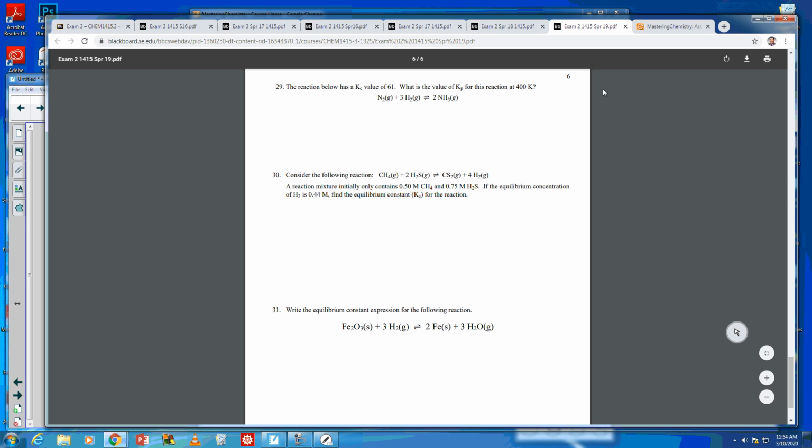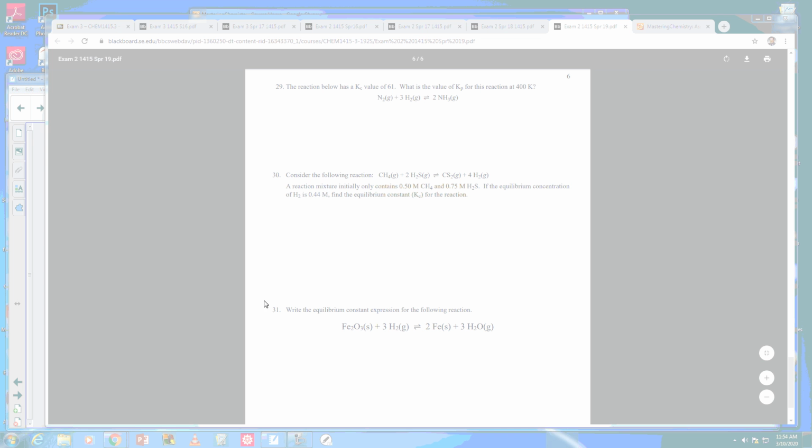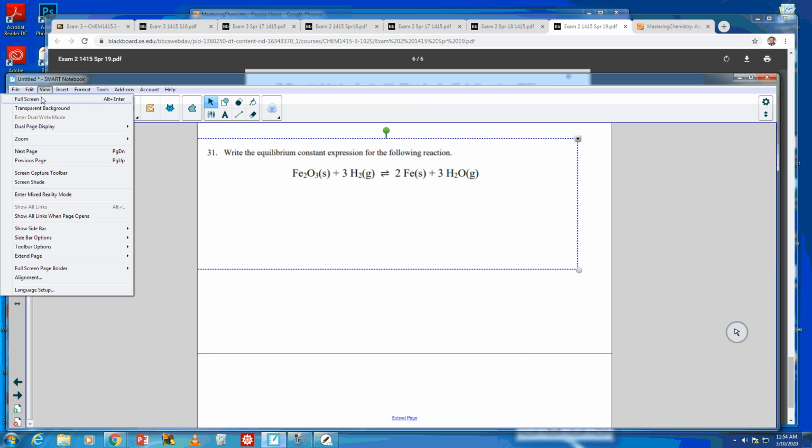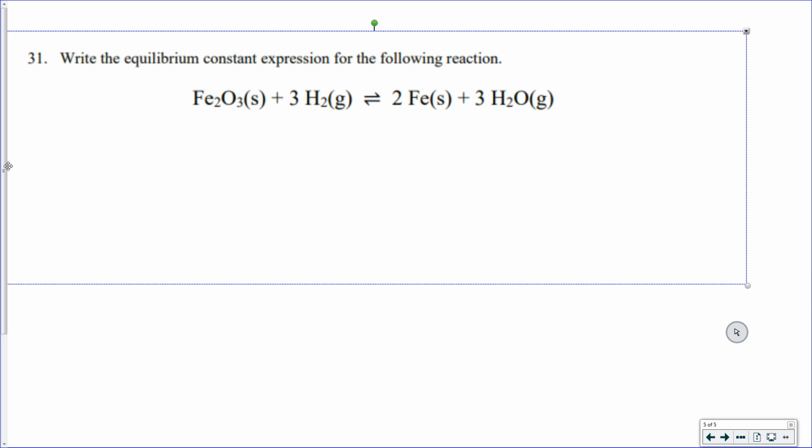Number 30. Number 31 is just writing the K expression. So yeah, we can do that though. It's easy. All right. You try to do it. I said it's easy. See if it's easy to you.